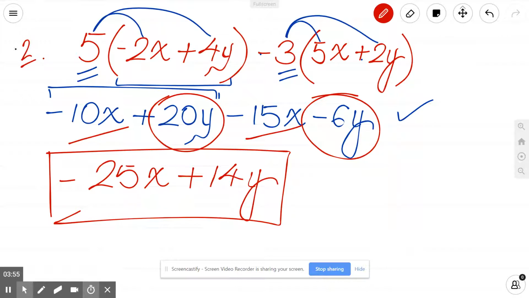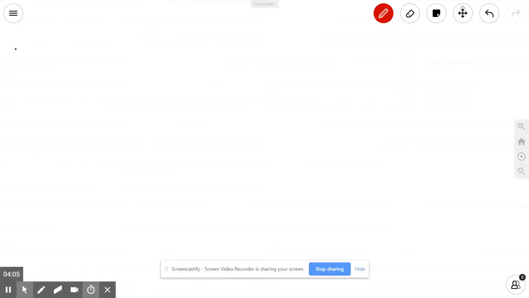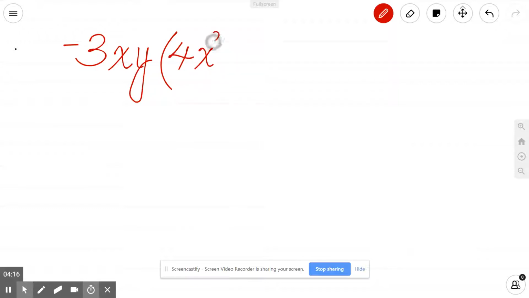Again, in this video, we talked about the distributive property and how to distribute. On my next page, I would like to take an example where you actually have an x also outside. So what to do in a situation like that? Let us say you have negative 3xy, and you're multiplying it by, let us say, 4x squared y minus 5z.